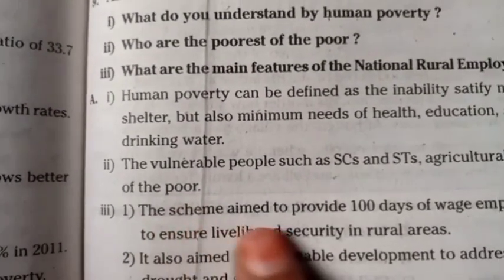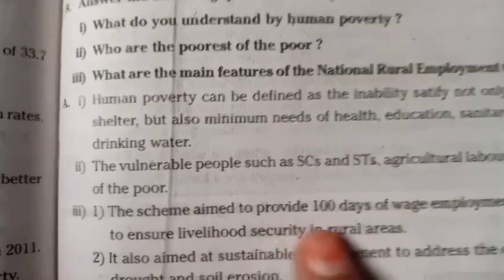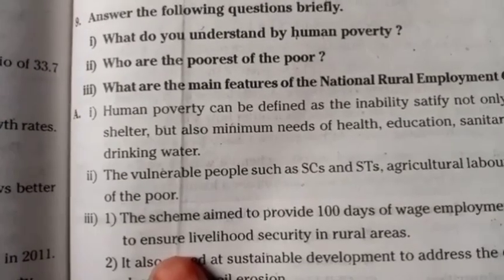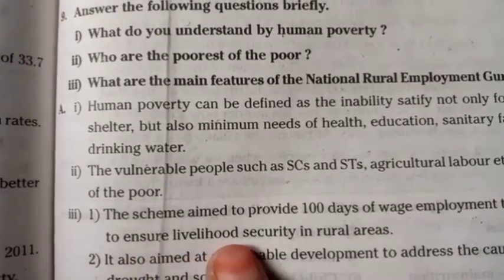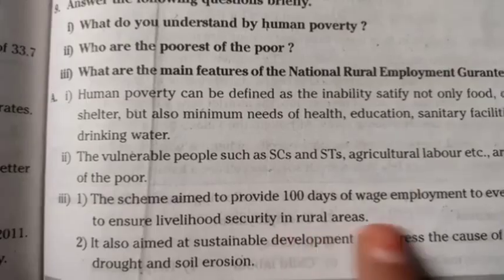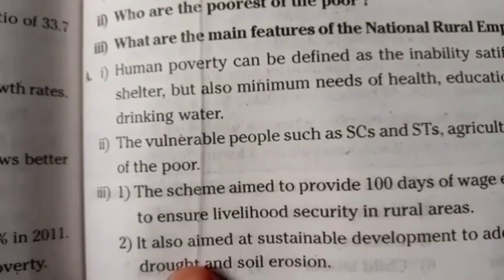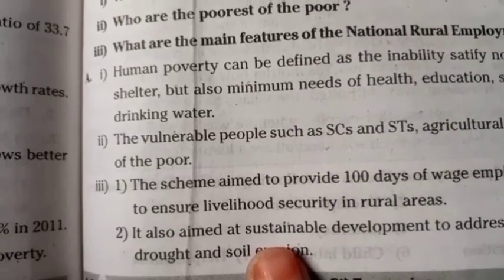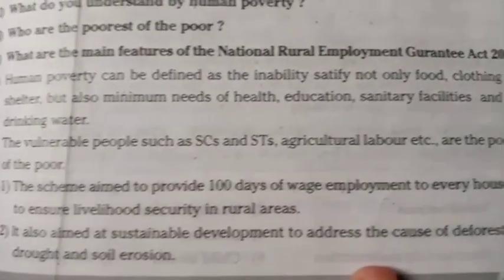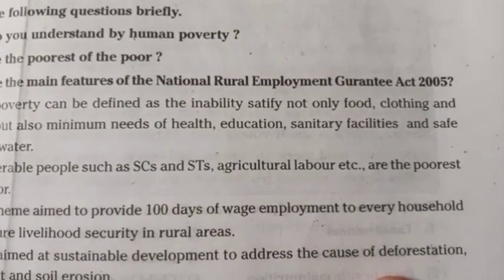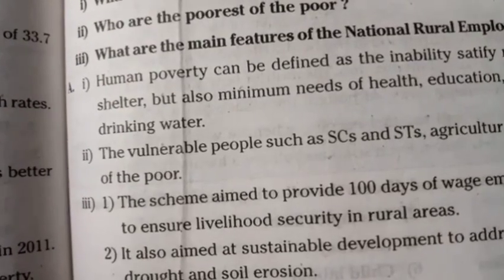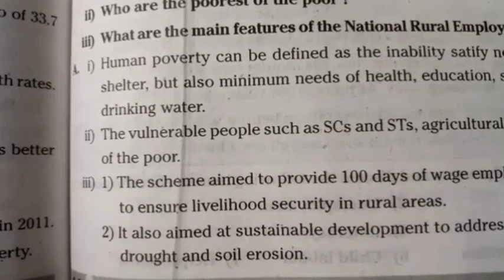The scheme aimed to provide 100 days of wage employment to every household to ensure livelihood security in rural areas. 2. It also aimed at sustainable development to address the causes of deforestation, drought, and soil erosion.